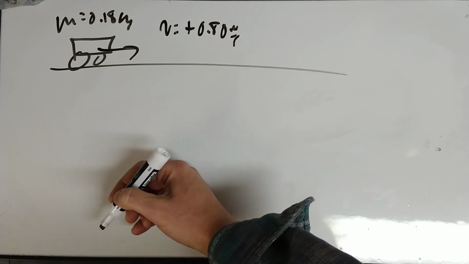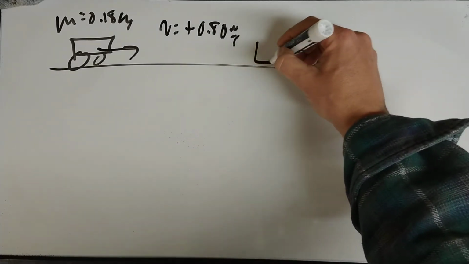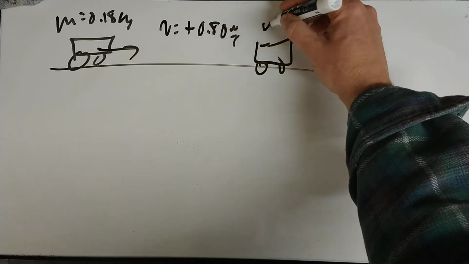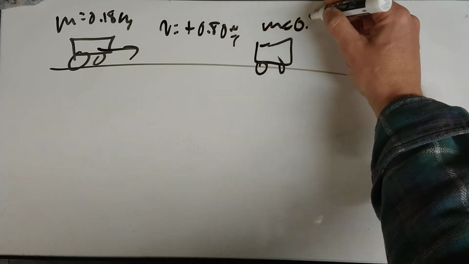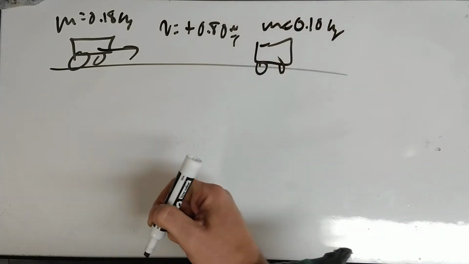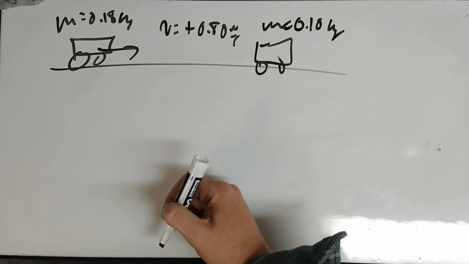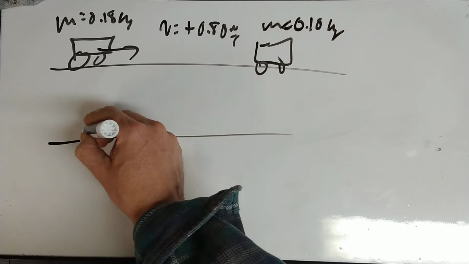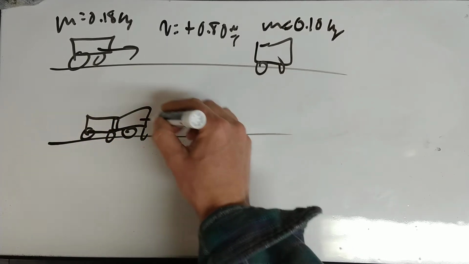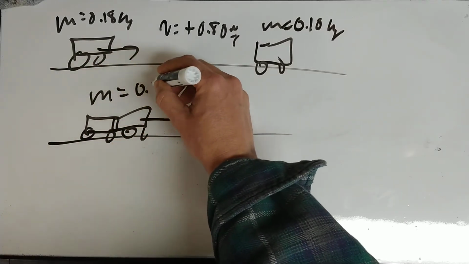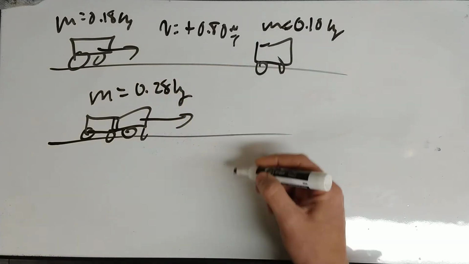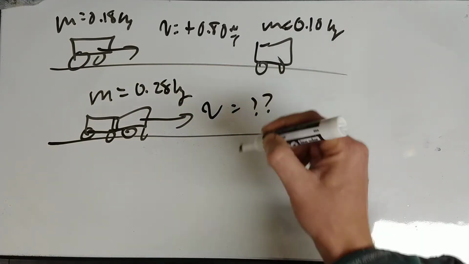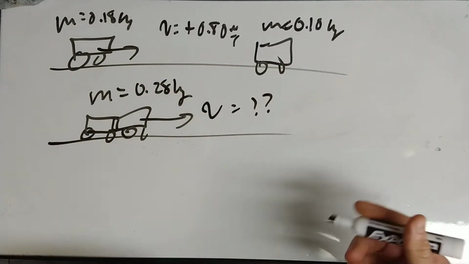It collides with a 0.1 kilogram car initially at rest. Mass equals 0.10 kilograms, initially at rest. The cars lock together upon collision. The final velocity of the cars is what after the collision? So they lock together and slide away, so their new combined mass is 0.28 kilograms, and we're looking for the velocity that they slide away with.